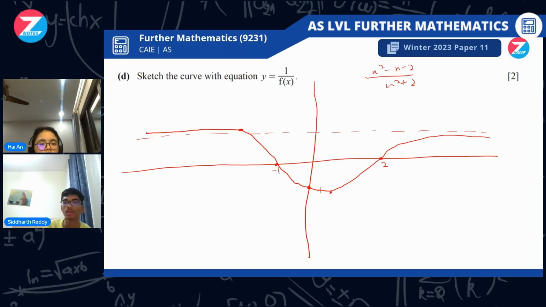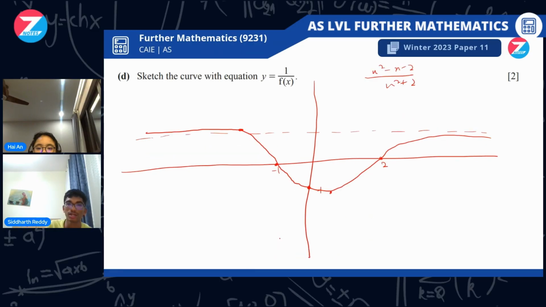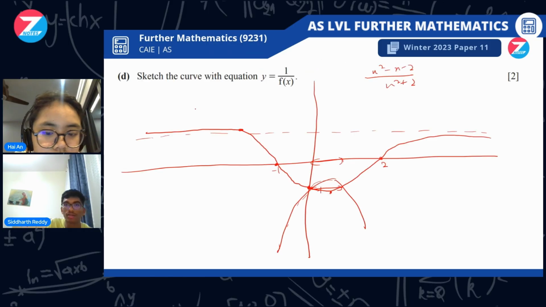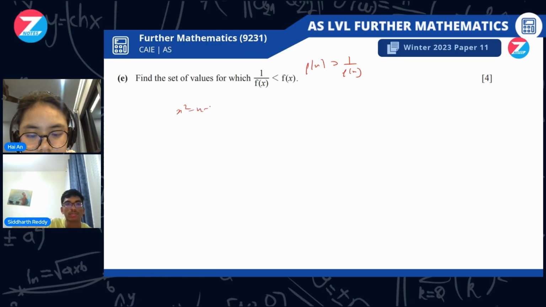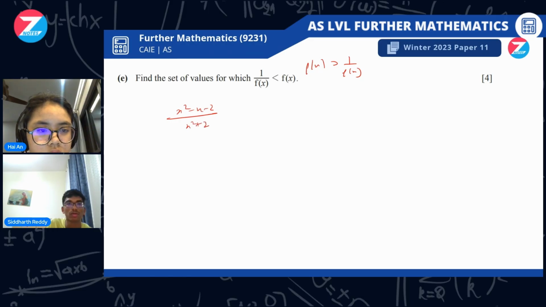So now notice this. Comparing these two graphs, this graph went something like this, the previous graph. So it was definitely greater between this region. Let's find out what this region was. 1 by f of x is going to be x square minus x minus 2 divided by x square plus 2. Just find out the intersection points right now.